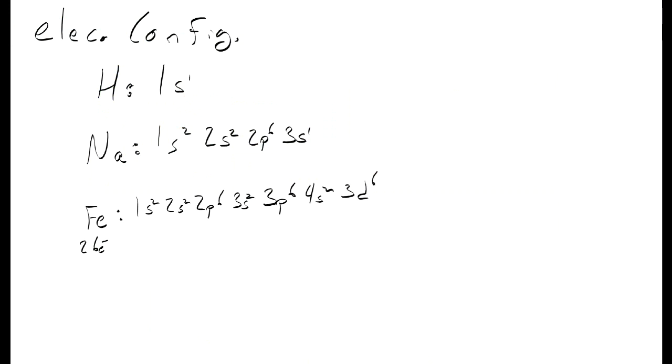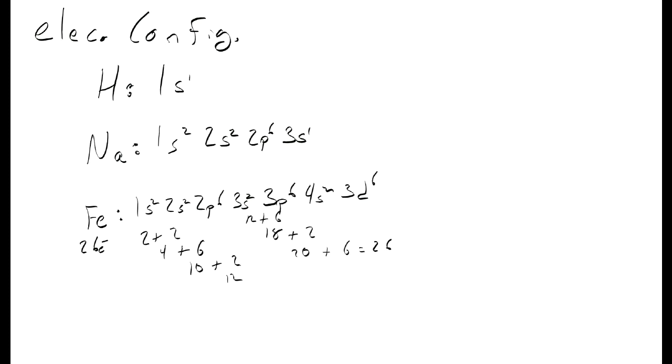So that's 2, 4, 2 plus 2 is 4, plus 6 is 10, plus 2 is 12, plus 6 is 18, plus 2 is 20, plus 6 is 26. So that's another way of doing this, just counting the electrons, if you're good at remembering what sublevel comes next. So you have multiple possibilities.